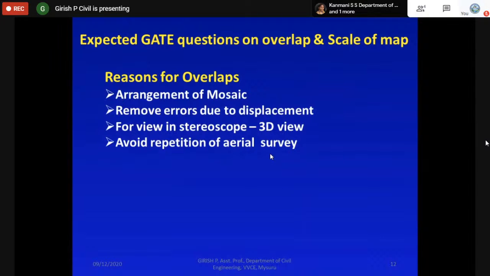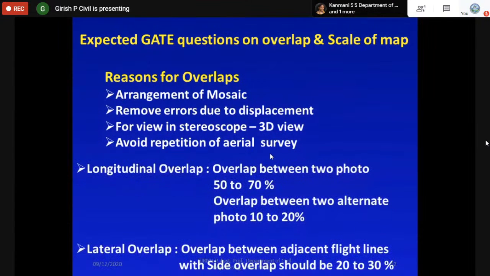After removal of errors, they can use the photographs in a 3D view, and avoid repetition of the aerial survey. For these four important reasons, aerial photographs are overlapped, and after superimposing, we get real aerial photographs.